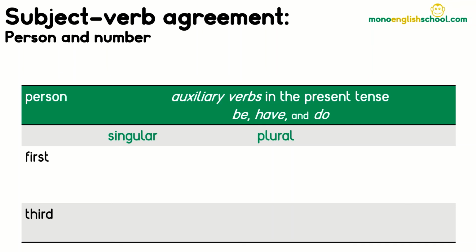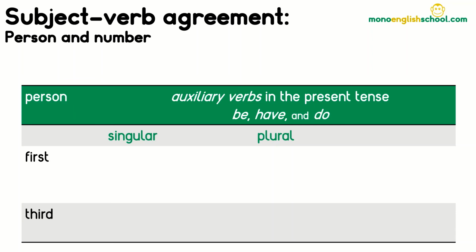The final point to discuss in terms of person and number is the use of auxiliary verbs, which are often referred to as helping verbs. Auxiliary verbs help to express the aspect, mood, voice, or negation of a main verb. When we use auxiliary verbs, only the auxiliary verb must agree with the subject.